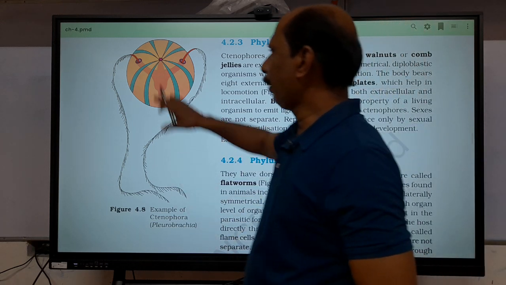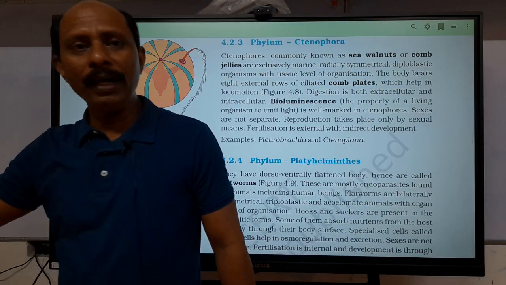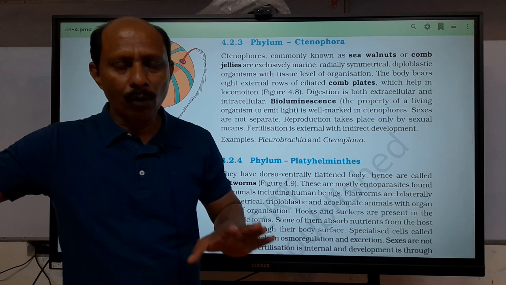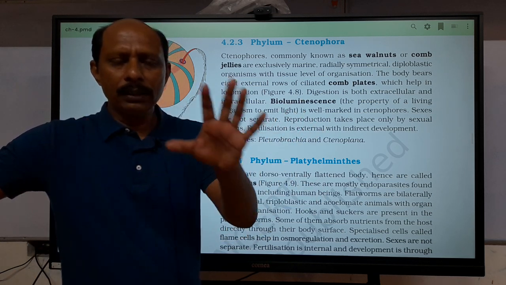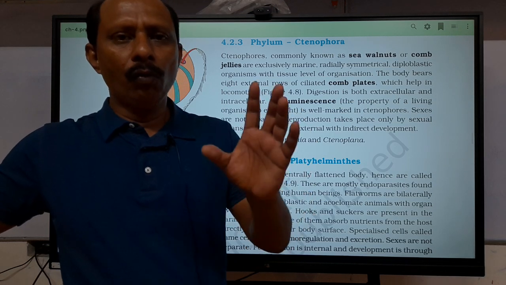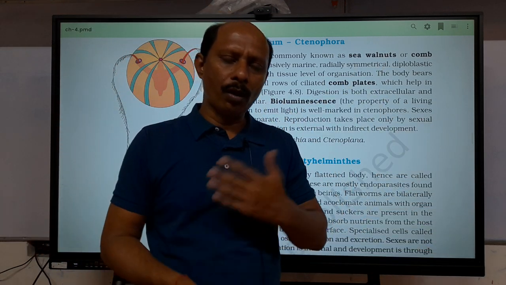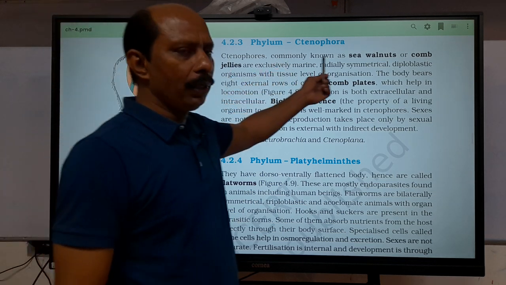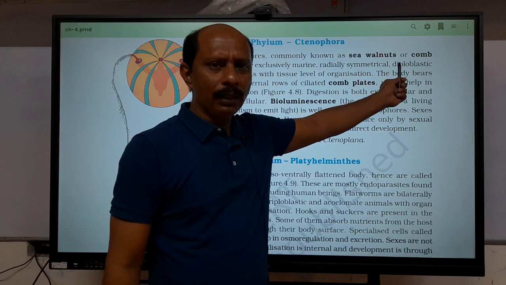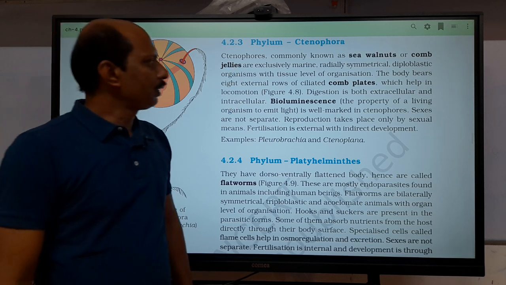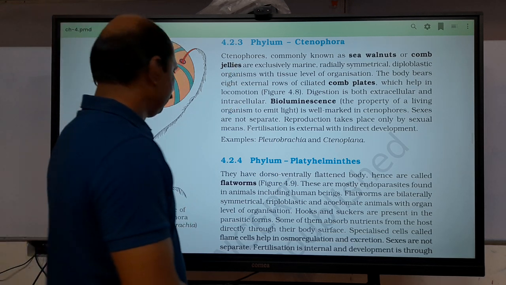And they have 8 plates, and these plates are responsible for locomotion. Here they have 8 rows of comb plates, and these are useful for swimming, right? Okay, look here. Ctenophores, commonly known as sea walnut or comb jellies.